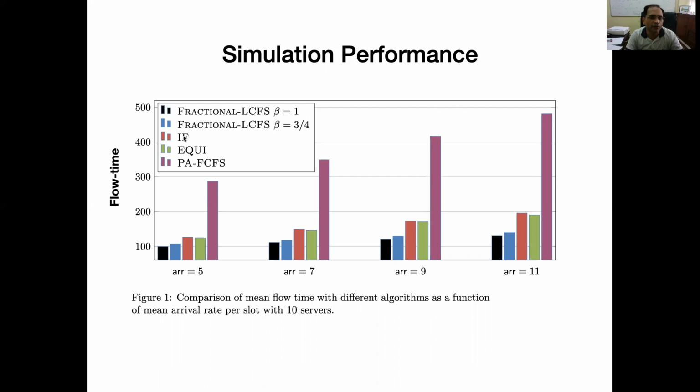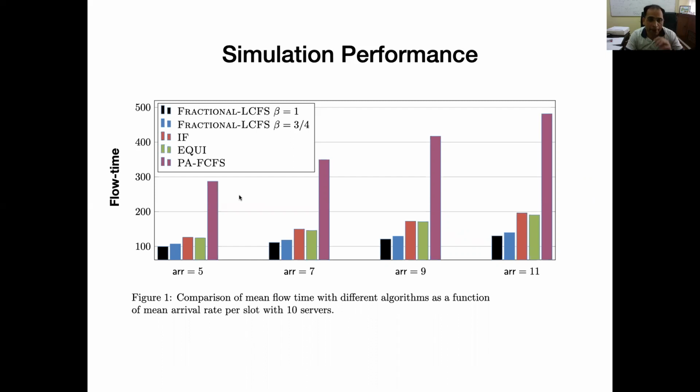IF is an algorithm which was proposed last year in Performance, which prioritizes all jobs in their serial phases. EQI is an algorithm which assigns equal speed to all jobs irrespective of their phase configuration. And FCFS is the usual FCFS with some priority assigned.